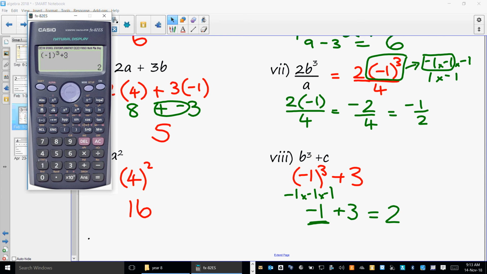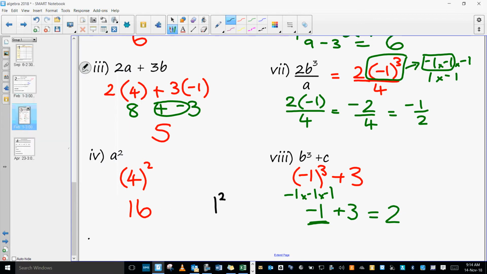However, if you had done -1 squared and kept it in the bracket, look what it tells you it is. And we know that's wrong. That is 1. Because what the calculator has actually done is the 1 squared first and then made it negative. And that's what we want to make sure doesn't happen. So that's why we put the bracket, just to make sure.